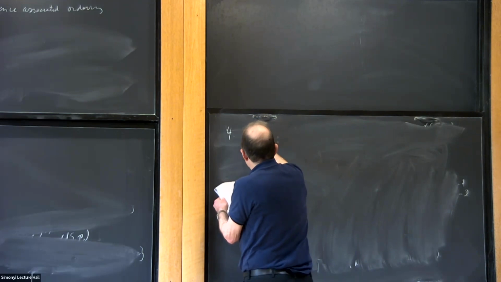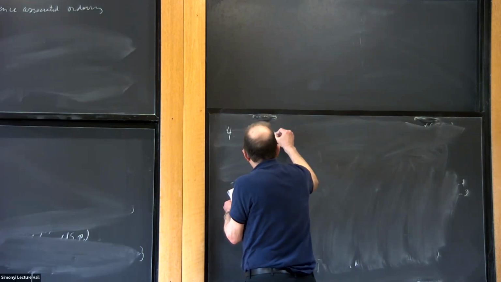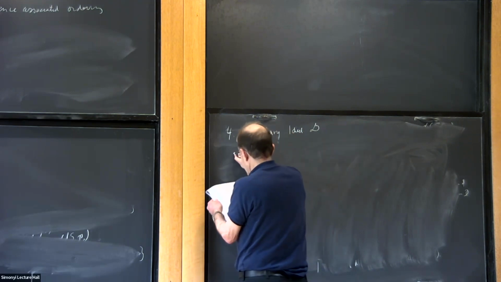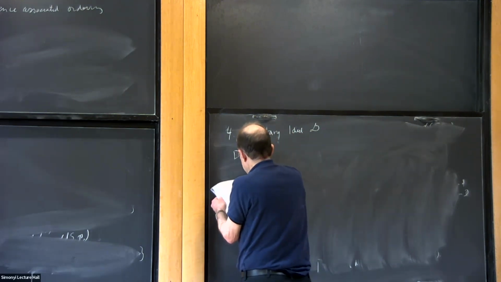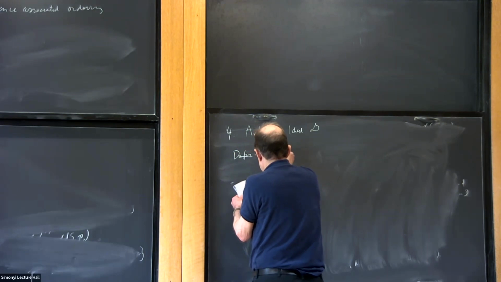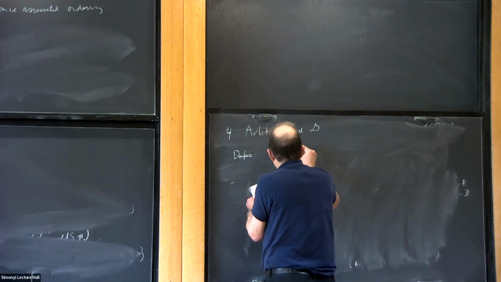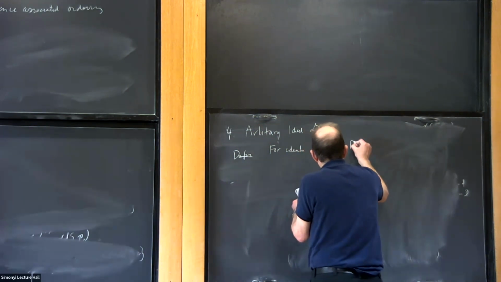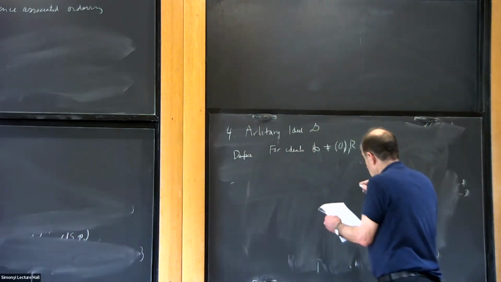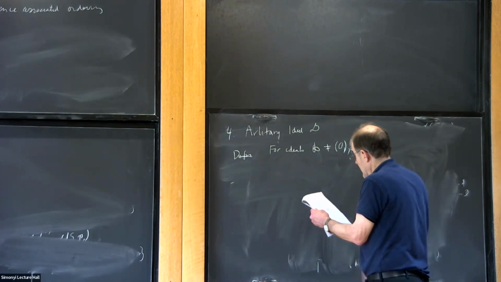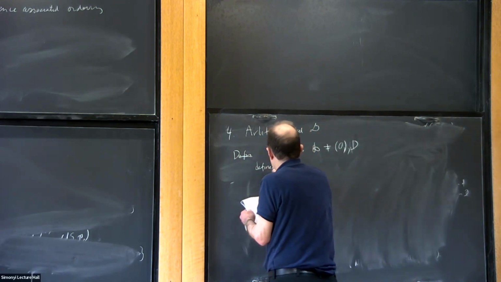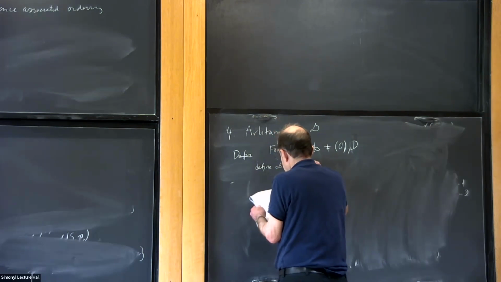Okay, so now let's do the case of arbitrary ideals B. So we're going to define a B-ordering. We're going to define it almost the same way, for ideals B not equal to 0 or the whole ring, non-trivial ideals. We define a B-ordering the same way, exactly what you expect.